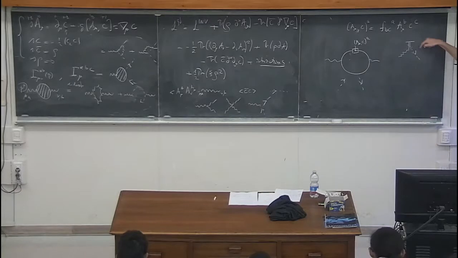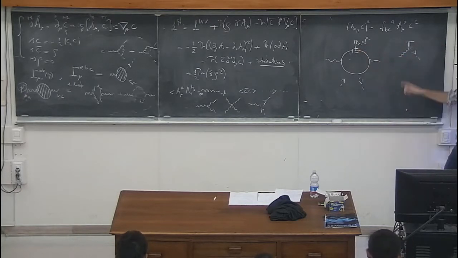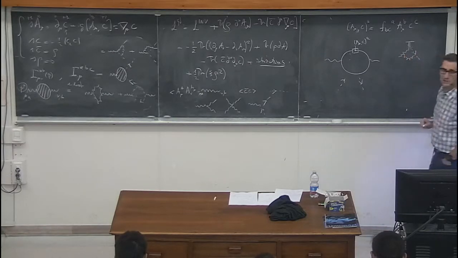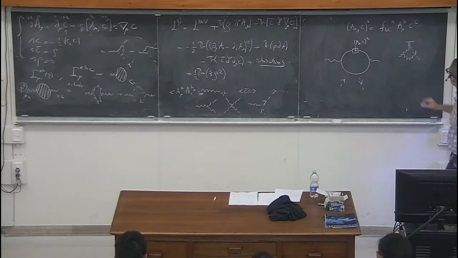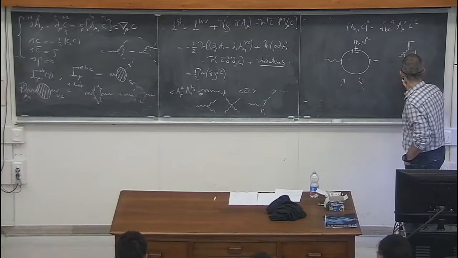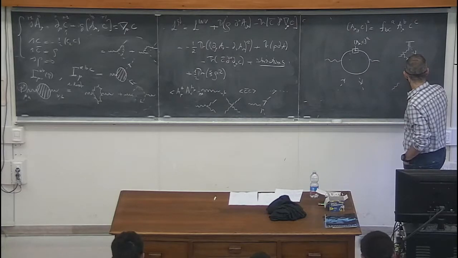Then of course you immediately see that these Feynman rules get corrected, because, for example, you can have gauge bosons exchanged this way, or something like that, or something like this.